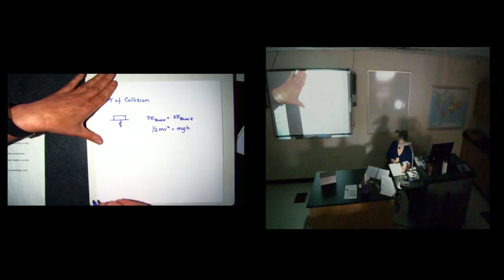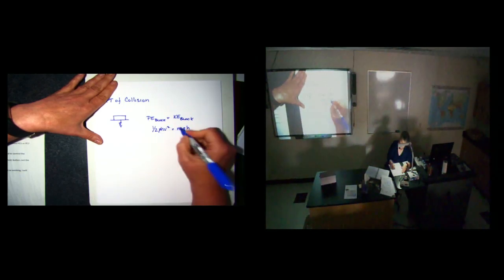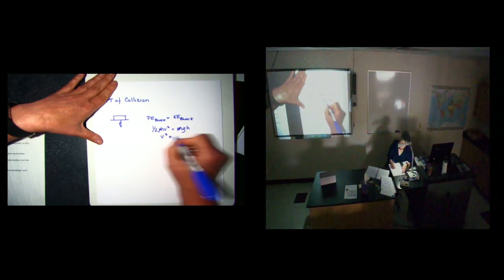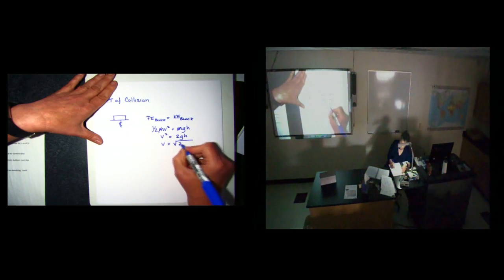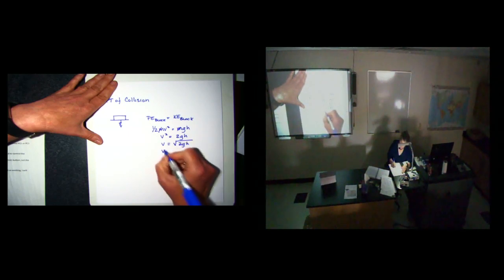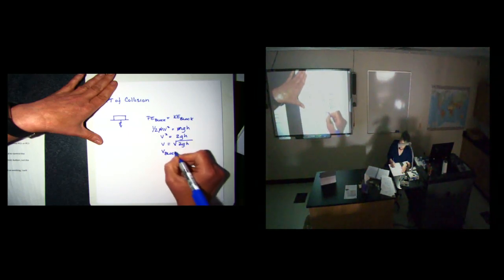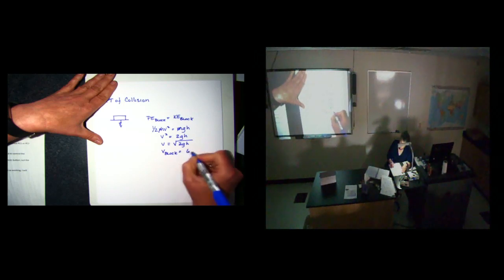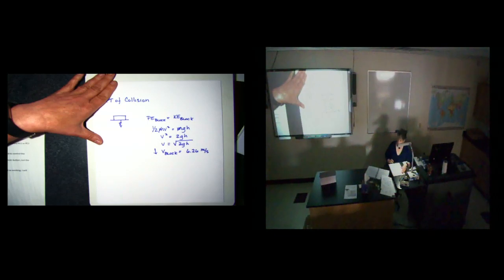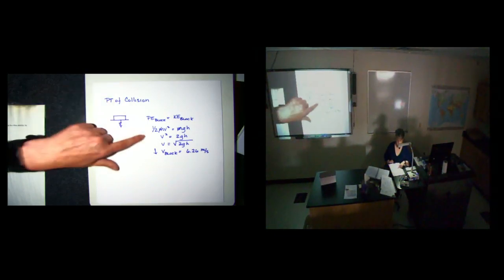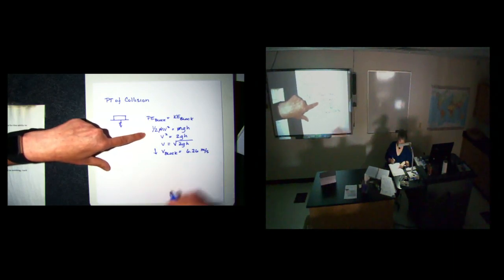If it's a perfectly inelastic collision, I get the mass of the block times the velocity of the block is equal to the mass of the block plus the mass of the pan, times the velocity nu. This is for a perfectly inelastic collision.